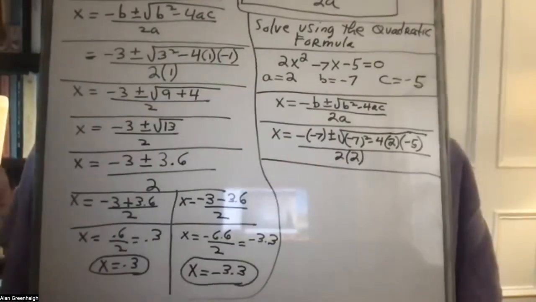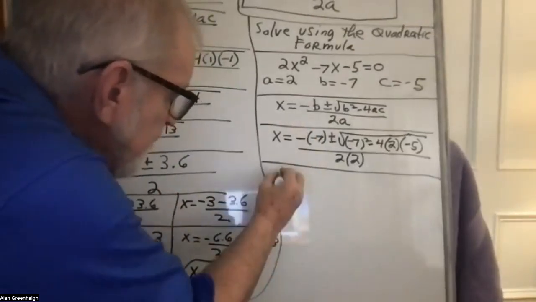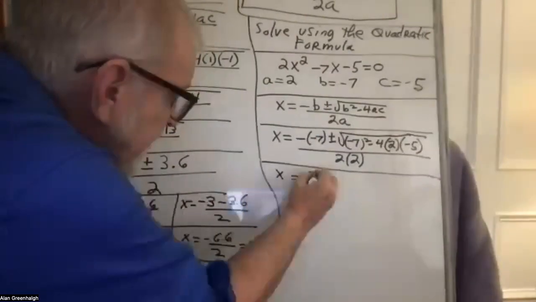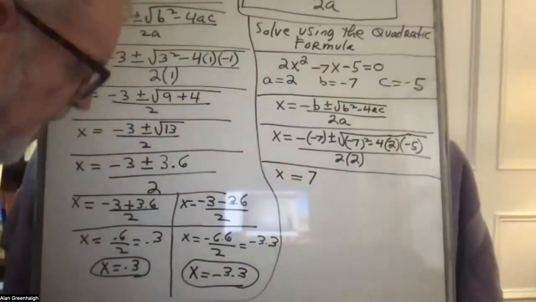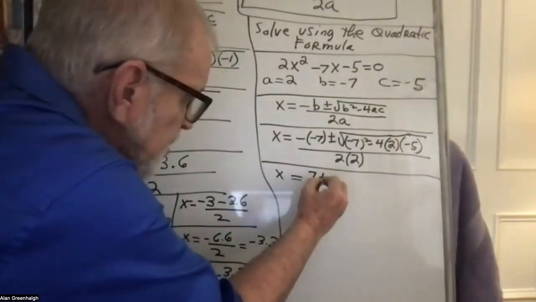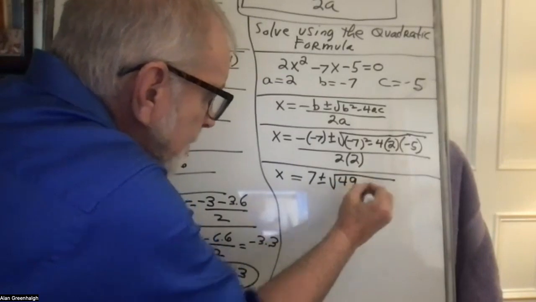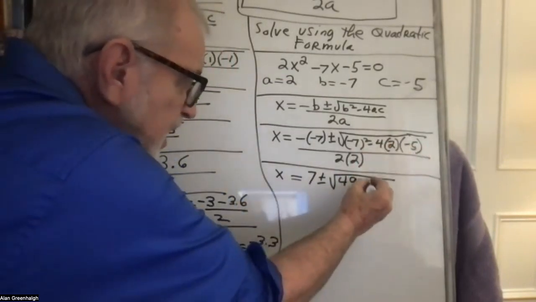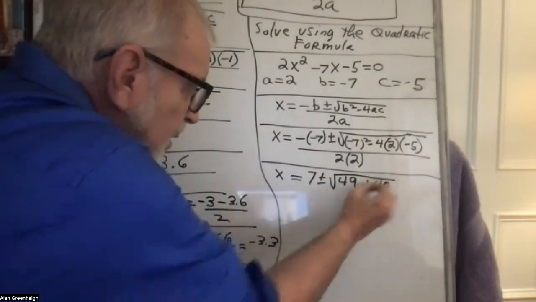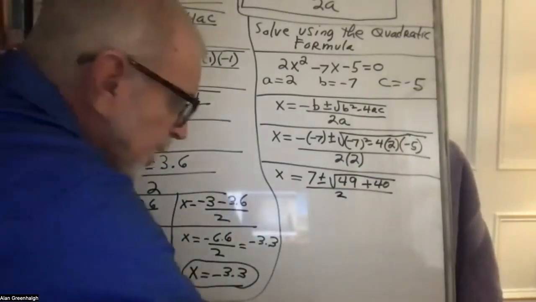Now you have to evaluate this expression. x will equal 7, because the negative times the negative is positive, plus or minus the square root of 49, and that's 20 times 2 is 40, which is not what I want.